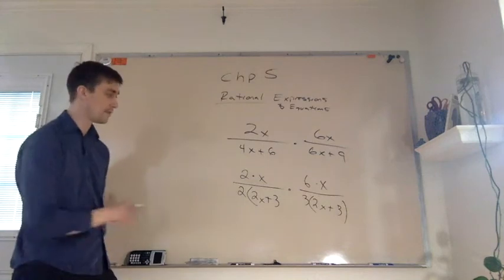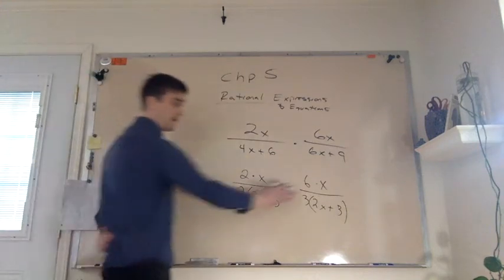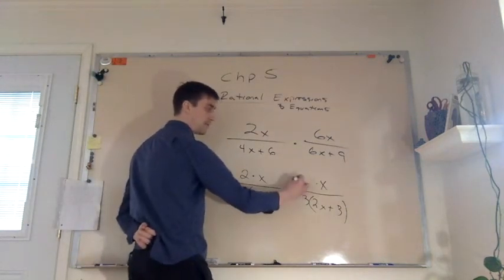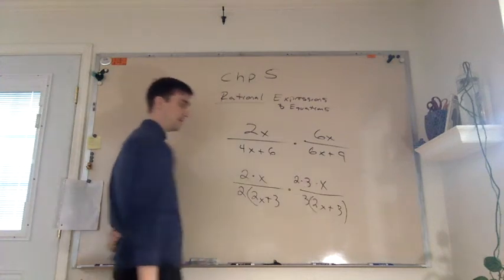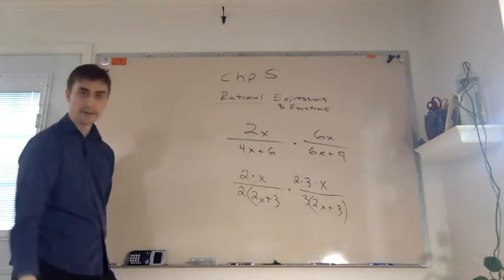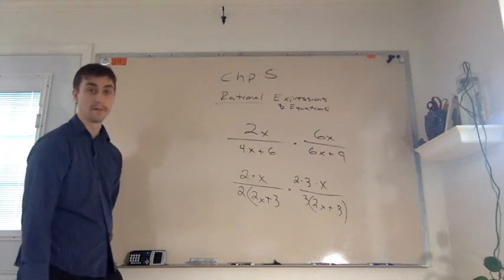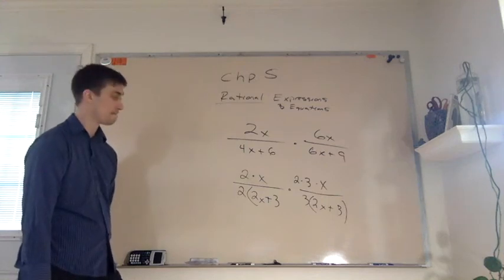Right, so I've just factored everything. And in fact, you can even take this further and write the 6 as 2 times 3. That's prime factoring, which I'll talk about in a minute because it is very helpful with some more of this kind of stuff.